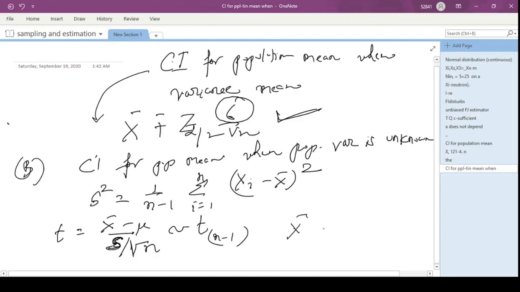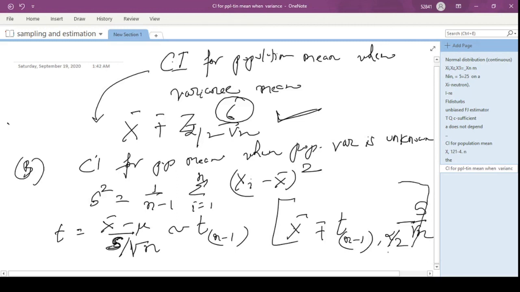So it's x bar plus or minus t with n minus 1 degrees of freedom, where n is the sample size, at alpha by 2, this whole thing multiplied by s by root n. This is the confidence interval for the population mean when the population variance is unknown.